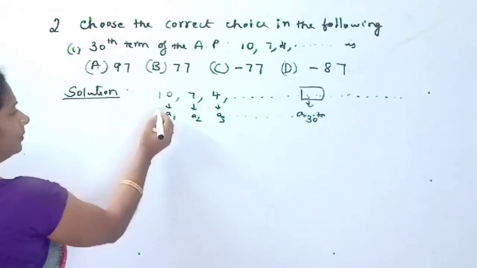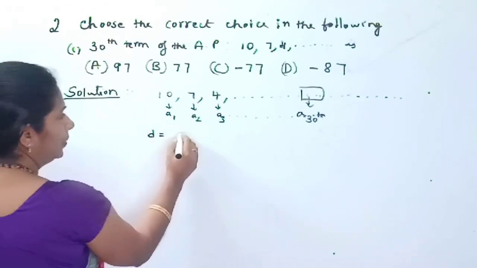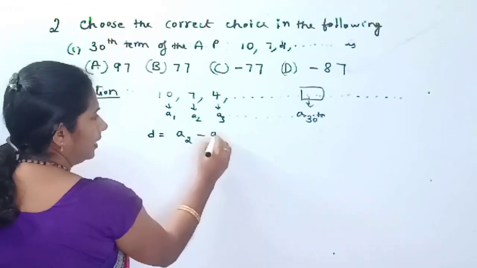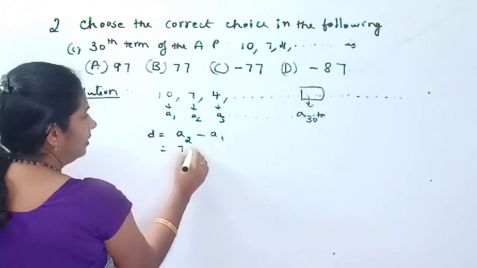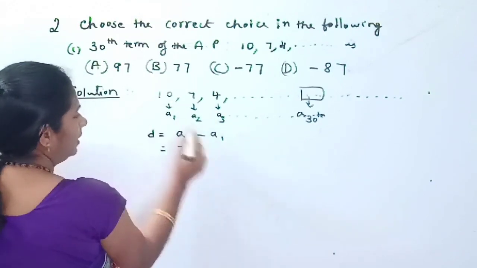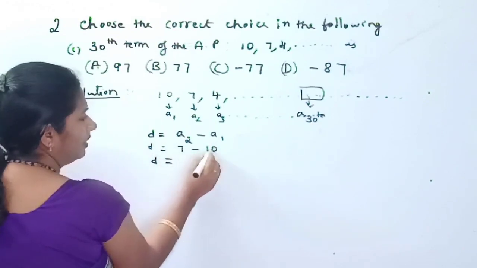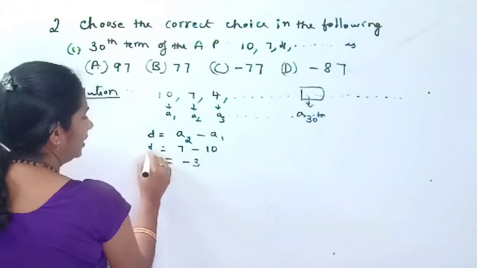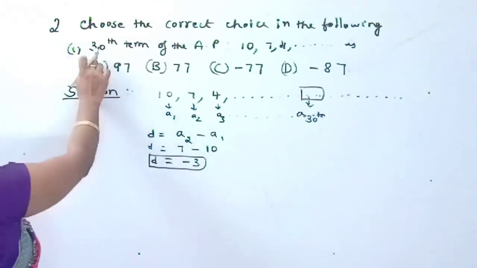So what I'll do? First find the common difference, children. D equals A2 minus A1. Second term is 7 minus first term is 10. So the common difference is 7 minus 10, it is minus 3. Is it clear? Now how will you find its 30th term?